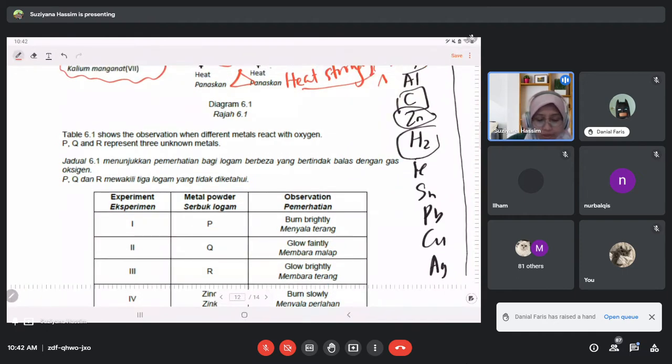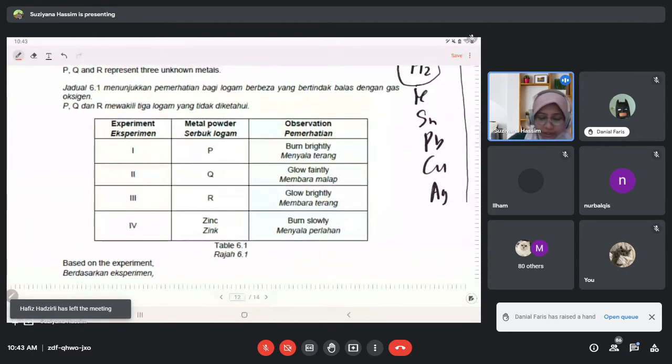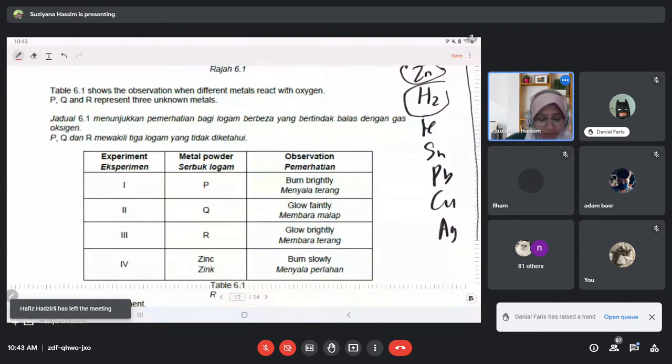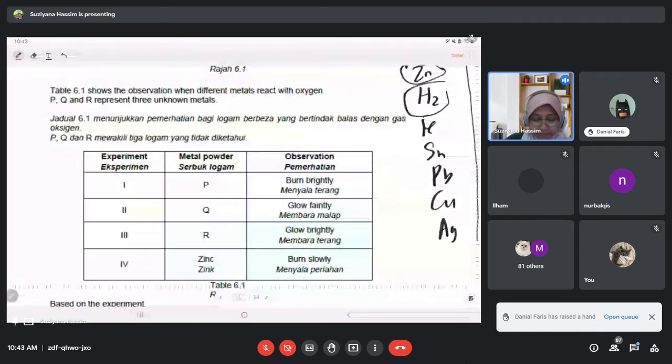So we know the metals P, Q, R, S. In the SPM question, it does not mention zinc or magnesium or lead or aluminium. It will give you letters like P, Q, R, Z, L and so on. So in this case, have a look at Experiment 1: burn brightly.